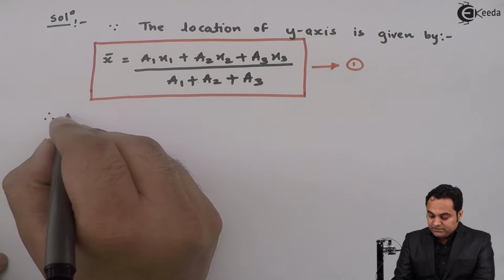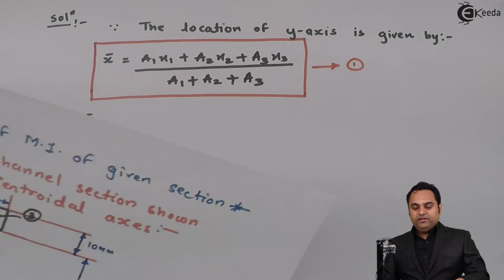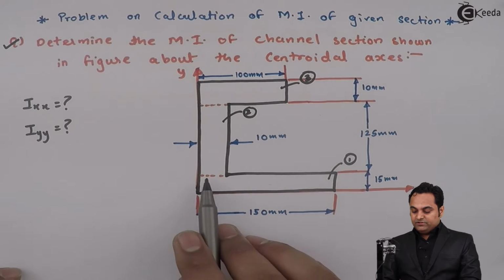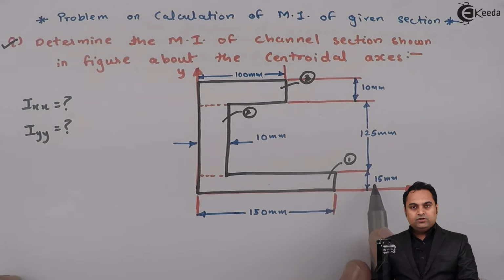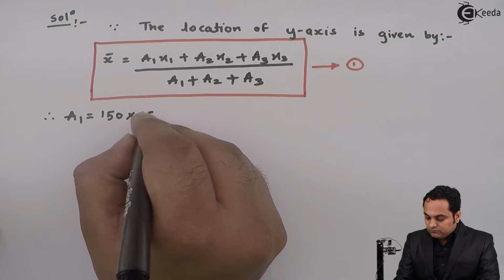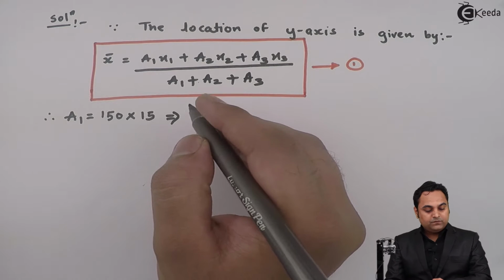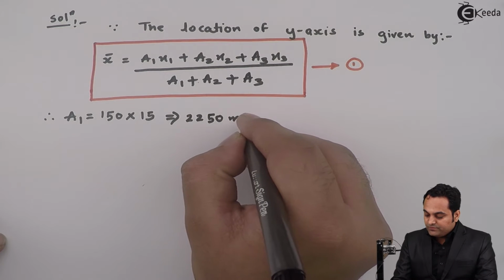So the first thing is area 1, which is A1, and that will be equal to, here we have the first rectangle, its width is 150 and height is 15, so it is 150 into 15. So area 1 is 2250 mm square.